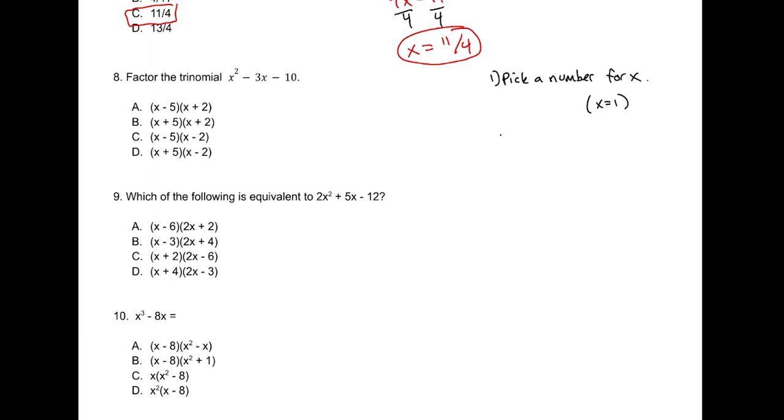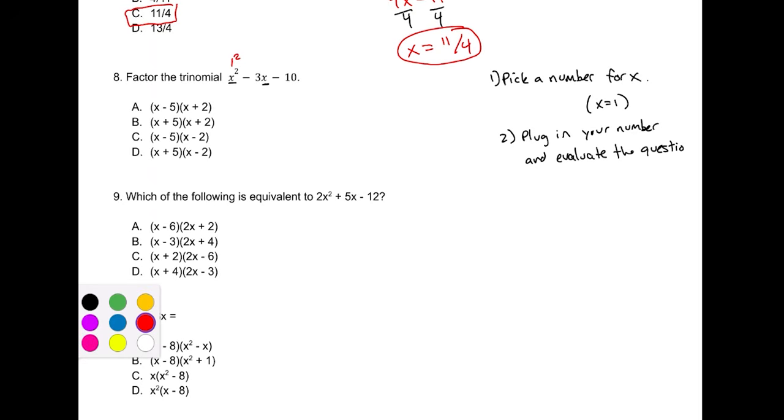Then you're going to plug in your number and evaluate the question. So if I plug in x equals 1 into here and here, that's going to be 1 squared minus 3 times 1 minus 10.